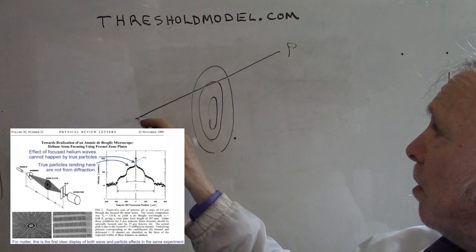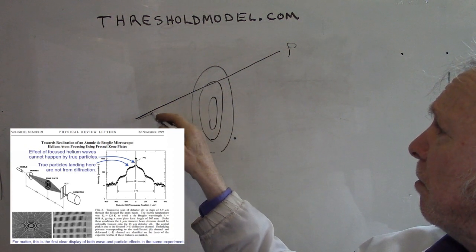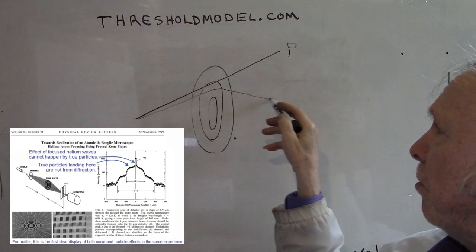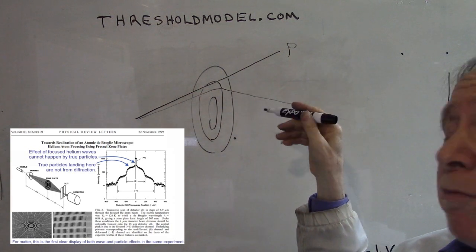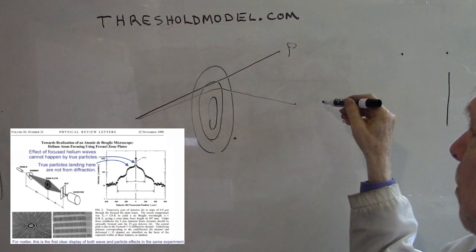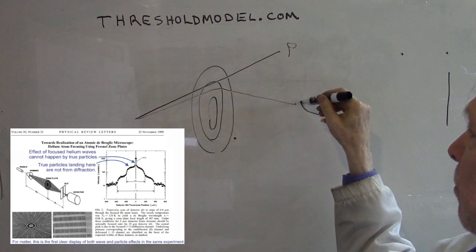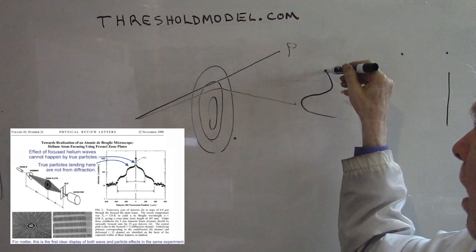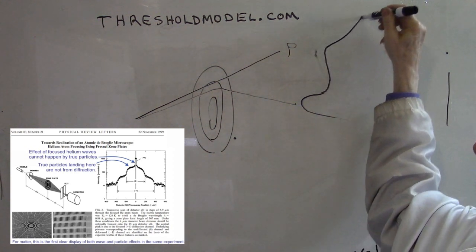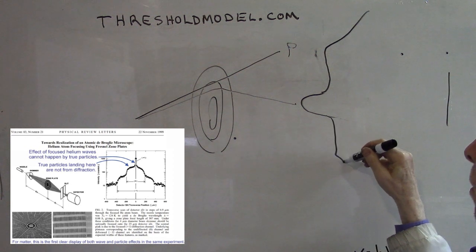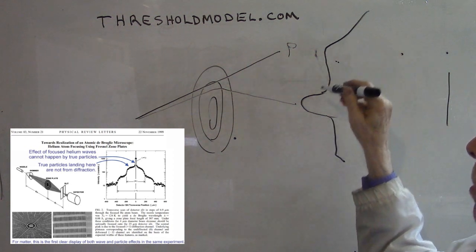But other heliums that went through diffracted and showed up. So if you look at the diffraction pattern, there's a big peak that happens here, and then there's a plateau where the actual particles go through.